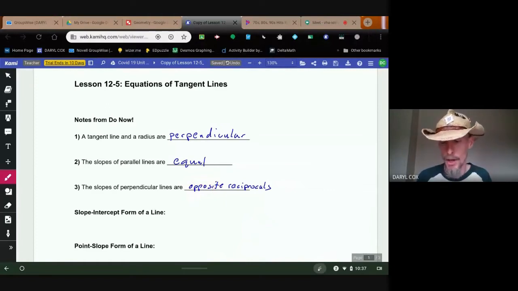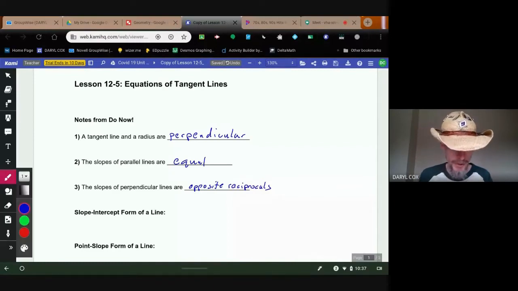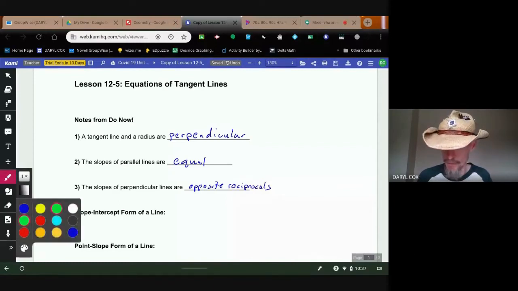Reciprocal means you flip the fraction. So as an example, if I had a line with slope 2/3, then the slope of the perpendicular line would be negative 3/2. Negative is the opposite, and 3/2 is the reciprocal.